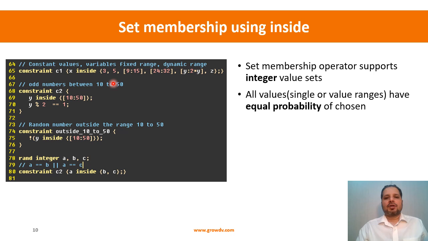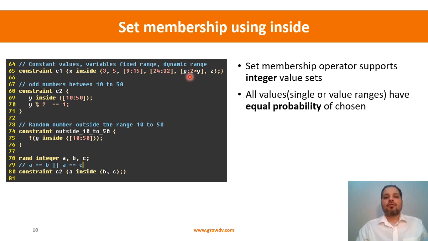Let's notice each of these values to figure out how they allow us to specify different flavors. First, we are defining two independent constant values, 3 and 5. Then 9 to 15 is a range, and 20 to 24 to 32 is a range.